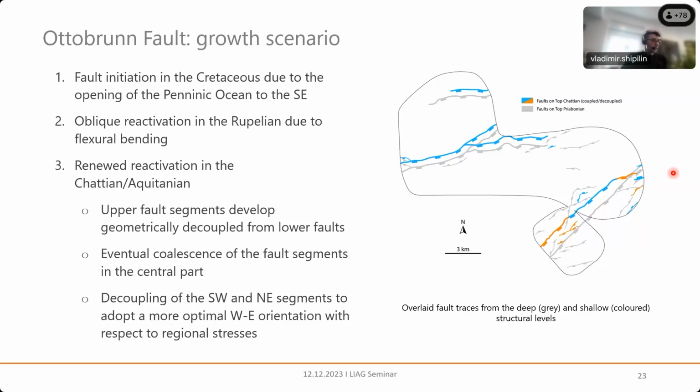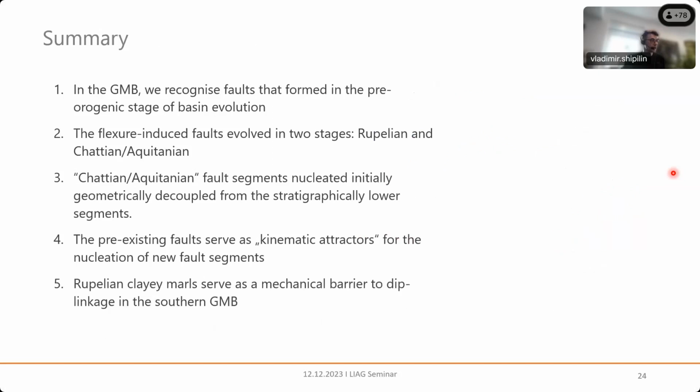So that's basically a growth scenario of the Ottobrunn fault, and with this I come to a summary of my observations on both areas that I analyzed: in the south at Geretsried and also in the central part of the German Molasse Basin around Munich.